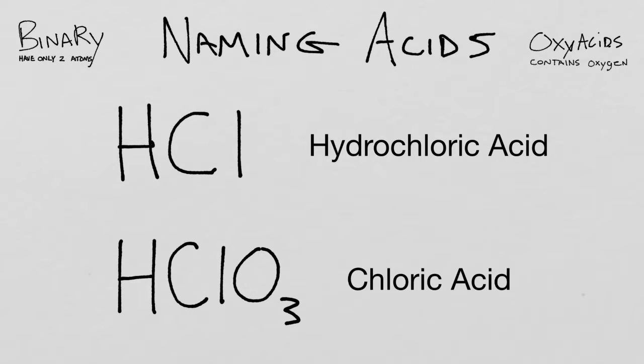So the same goes when you're trying to name these from the formula. Chlorine and chlorate both would have their endings changed to ic, chloric. But keeping the rules straight and knowing that binary acids are the only time that you actually say the word hydro, it should alleviate any kind of confusion between naming these two similarly named but clearly different acids.